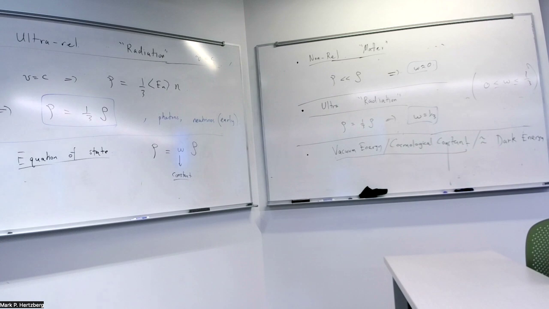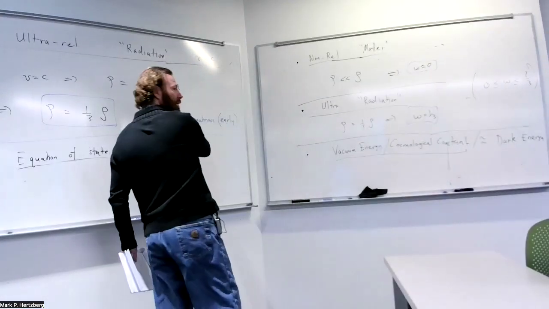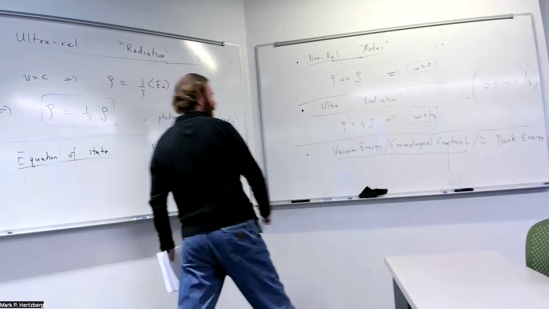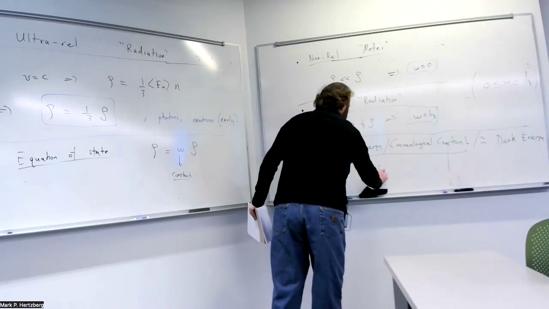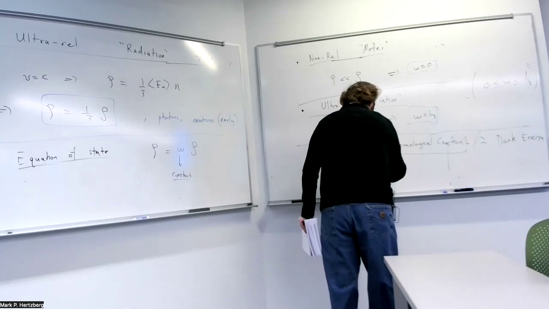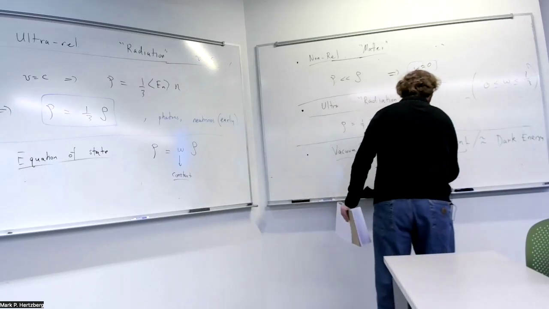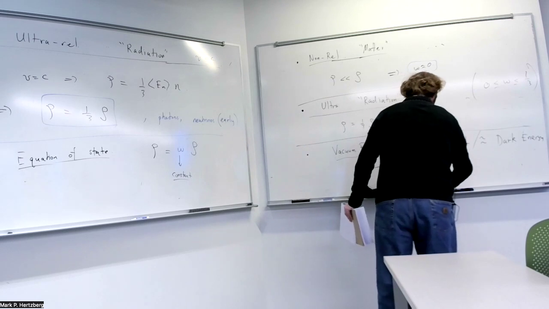It probably is, but we don't know for sure. Anyway, that's a whole other discussion for later in the course and maybe for years to come. But let me just summarize that, funnily enough, it can be written in this way, and it has the property that the pressure is outside of this range completely, and it's in fact minus rho. So this would have a w of -1.